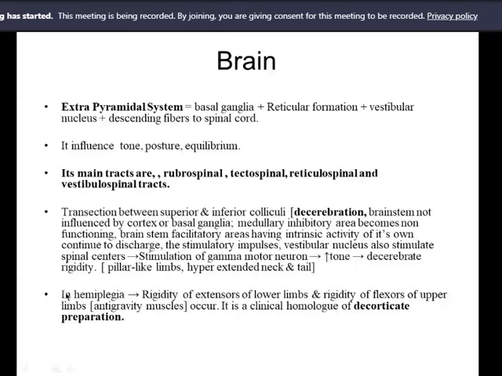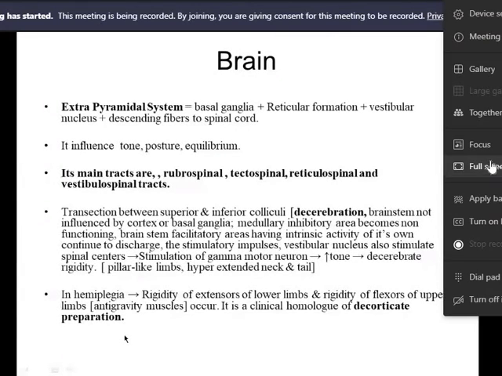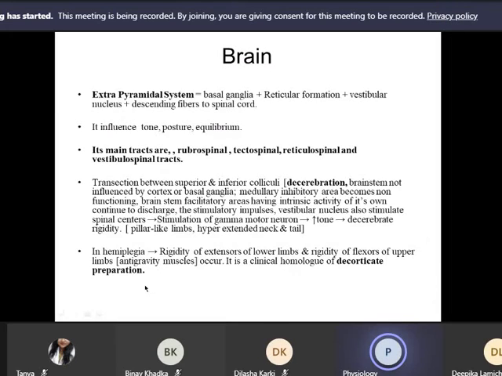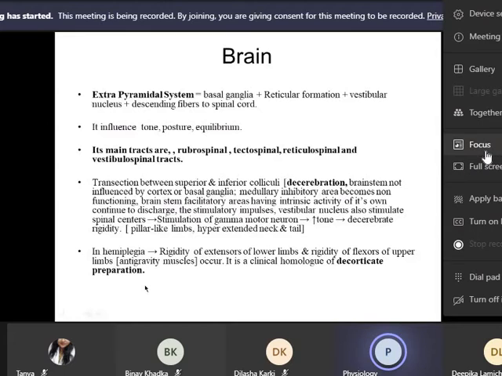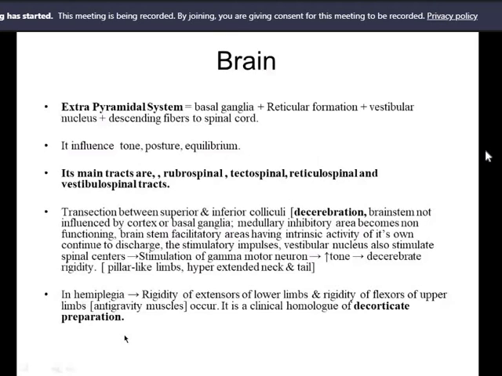When there is hemiplegia, the legs become stretched. The hemiplegic leg becomes straight, right? And the leg is tilted when the person walks after stroke.